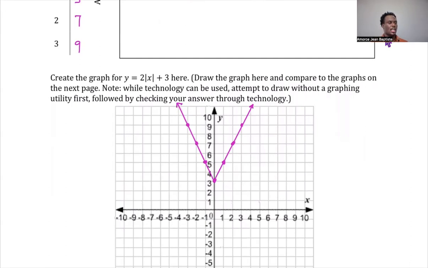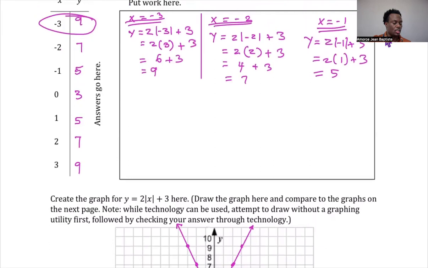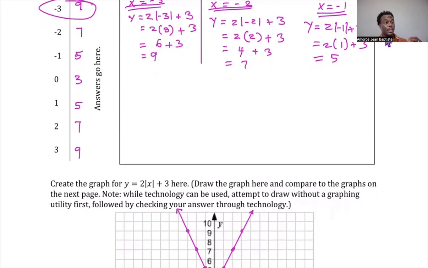And you see that this is an absolute value function, which is the reason why you have a V shape of the graph. So that is the example, and these are the steps to graph.